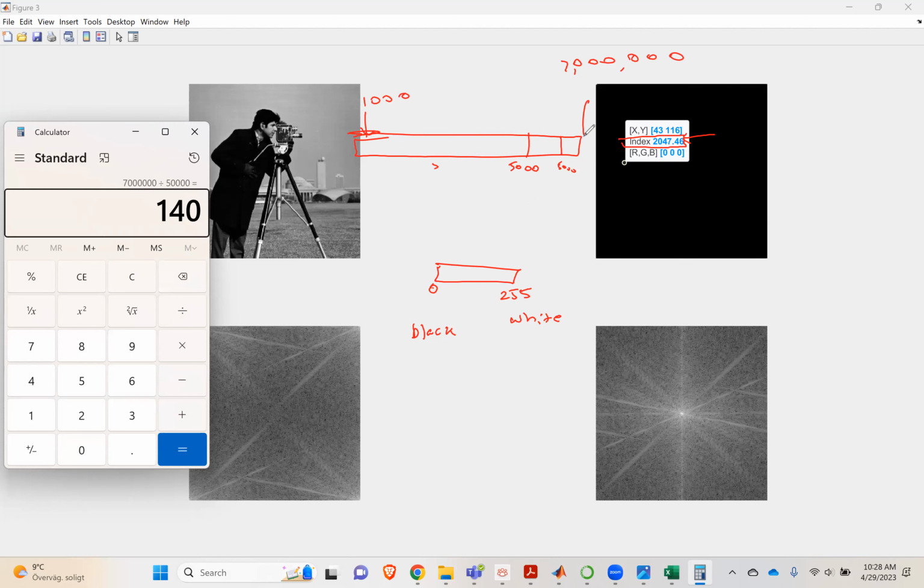So this point is 140 times brighter than this point. If you assign this point as 255 white, and this as black, all your values are sitting in here, because you are just scaling it down. That's why you get this black image.